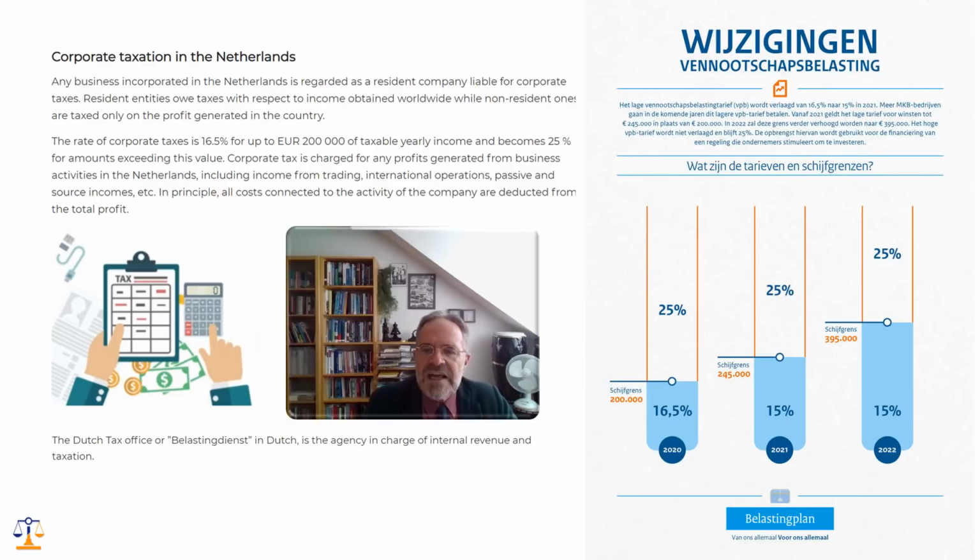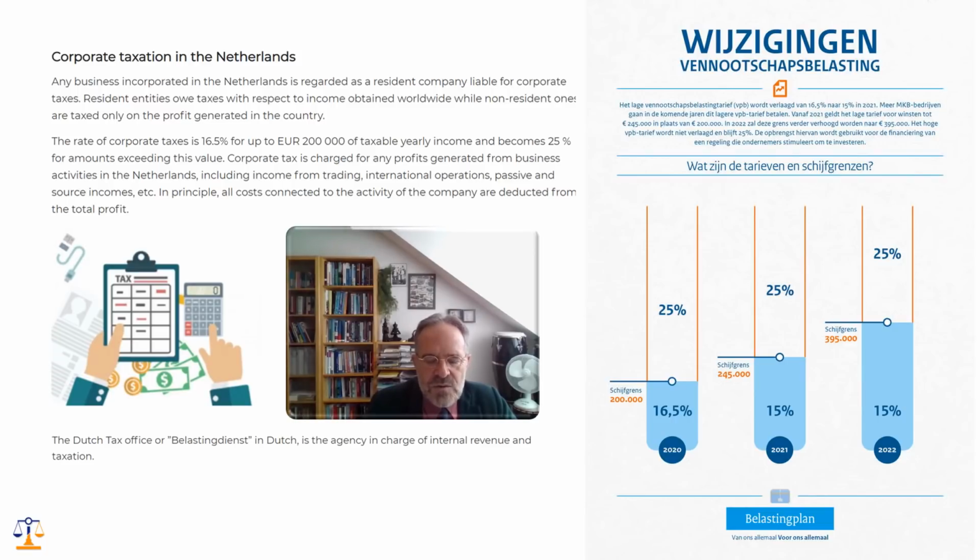Now, in the Netherlands, the system is as follows. You have a threshold of 200,000 euro profit. At the moment, the corporate tax rate for the profit up to those 200,000 euro is 16.5% corporate tax.